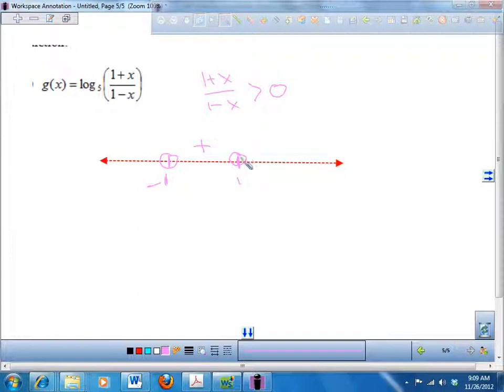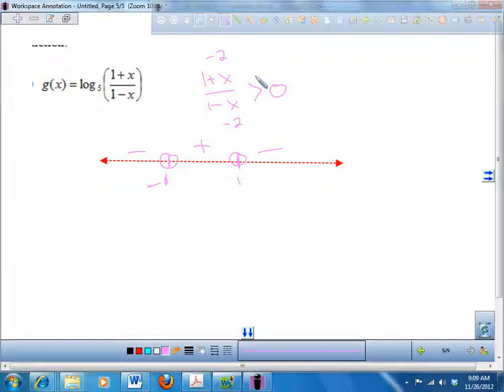If I plug in a number bigger than 1, say 2 in here, I get a positive number over a negative number, which is what kind of number? Negative number. And if I plug in a number that's less than negative 1, say negative 2, I get a negative over a positive, which is a negative. Okay?